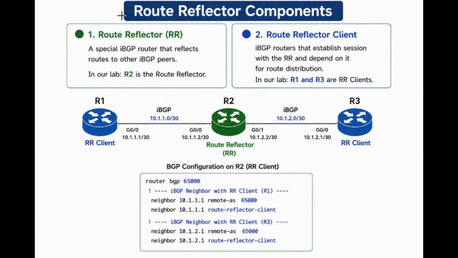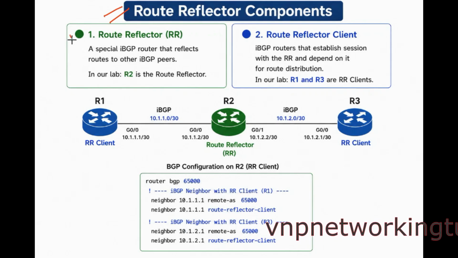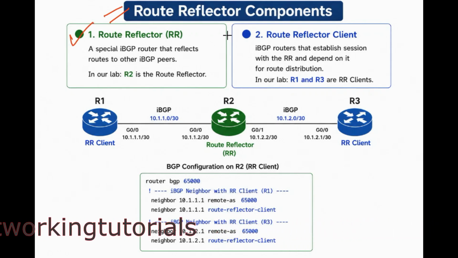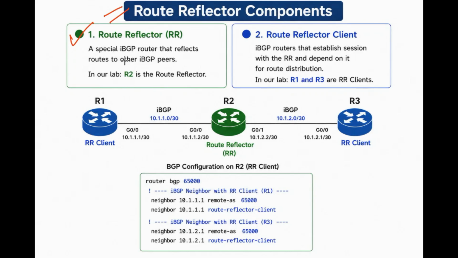Route reflector components. Now let's understand the two important components. The first component is the route reflector itself. A route reflector is simply an iBGP router that has been configured to reflect routes between its iBGP peers. In our lab topology, R2 is the route reflector. The second component is the route reflector client. A route reflector client is an iBGP router that establishes an iBGP session with the route reflector.